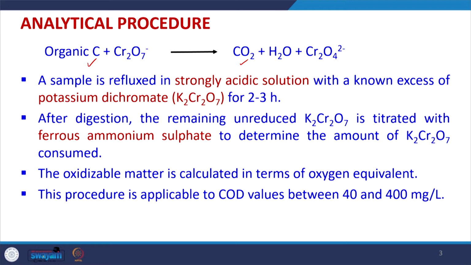So, this method is used very commonly and it is a titration method. Reflux is still done, but now instruments are available, and also a colorimetric method has been developed using an approach similar to a UV visible spectrophotometer.